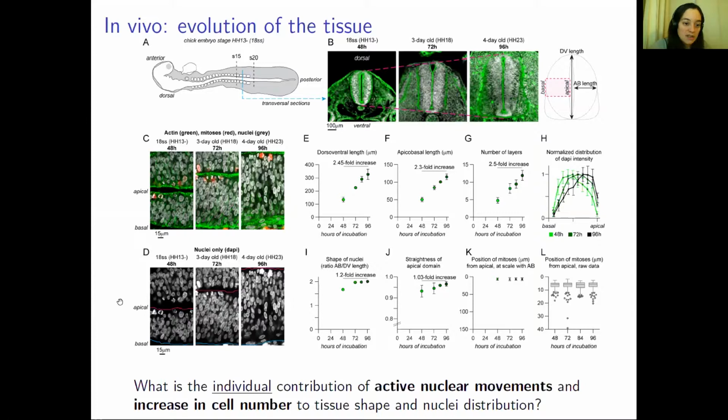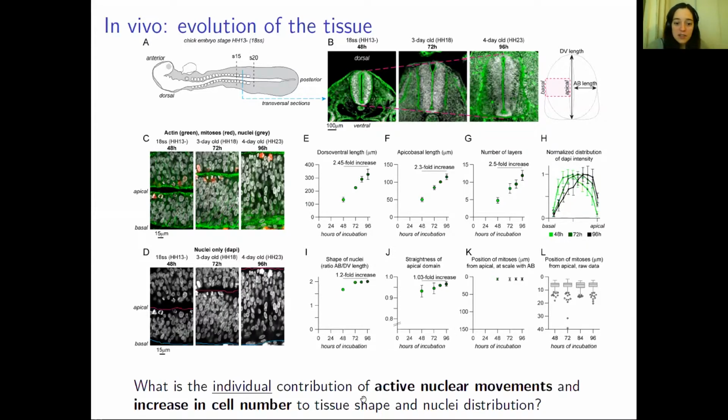We can see here the basal side and here the apical side. And we can see that the tissue grows along the apicobasal direction, and also nuclei seem to get more packed near the apical side and lose density near the basal side.